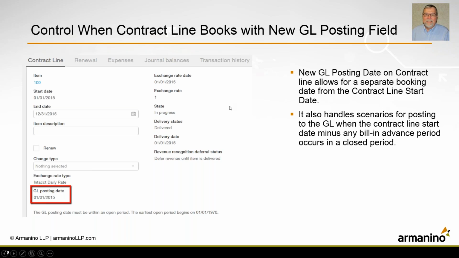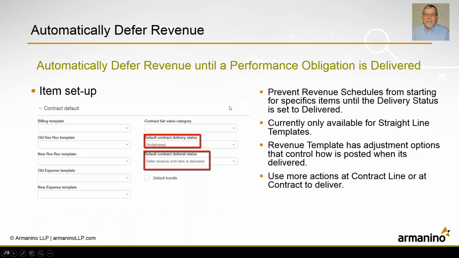All right. Intacct has also, in the contract module, now made the ability to defer revenue until a performance obligation is delivered. So many times you have a situation where you may be selling a subscription, for example, and you can't start recognizing the revenue until a certain configuration or services have been performed and met.